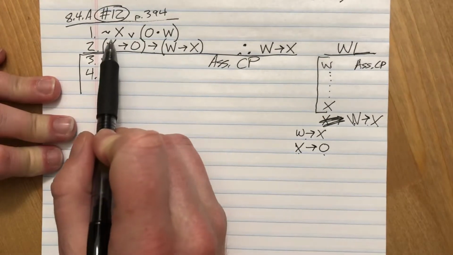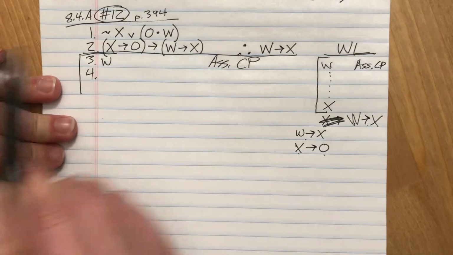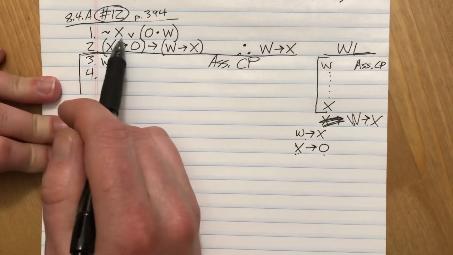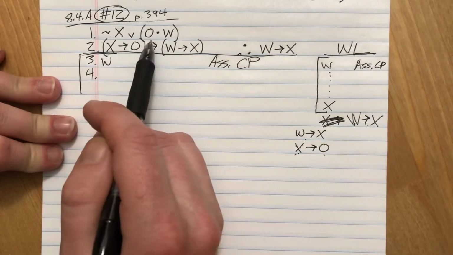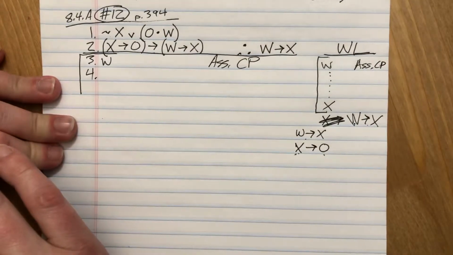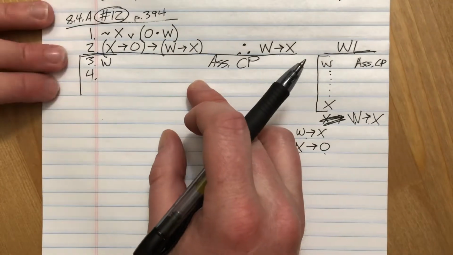Well, this says not X or O and W. So if we had X, we know that the left side of the disjunct does not hold, but the right side does. So that basically tells us that if X then W, then O, but we gotta get there.